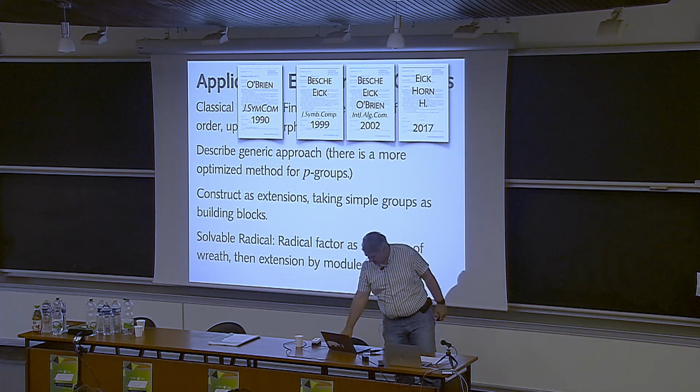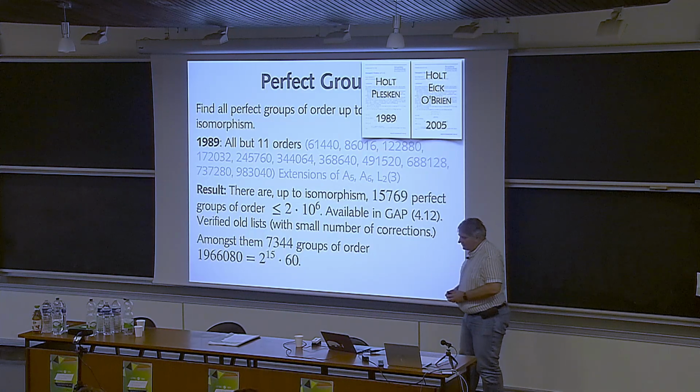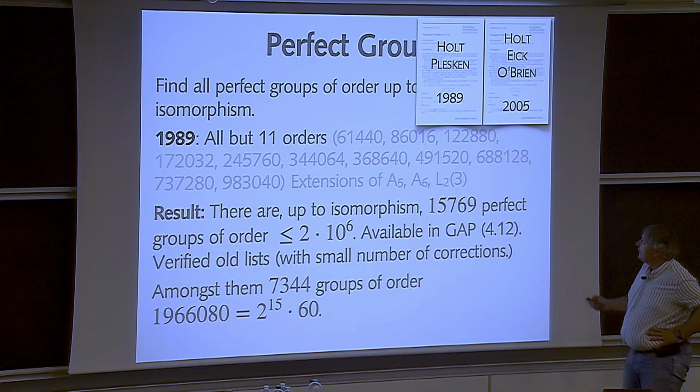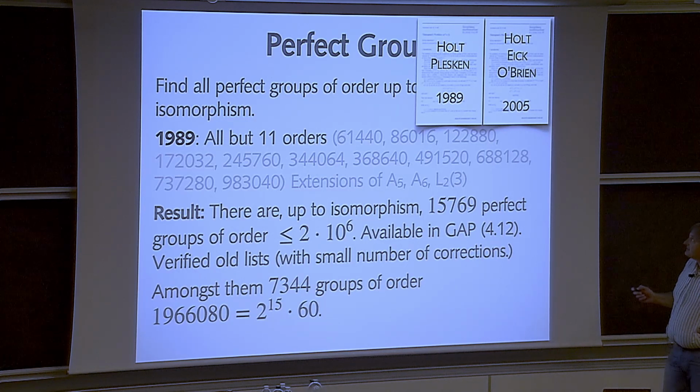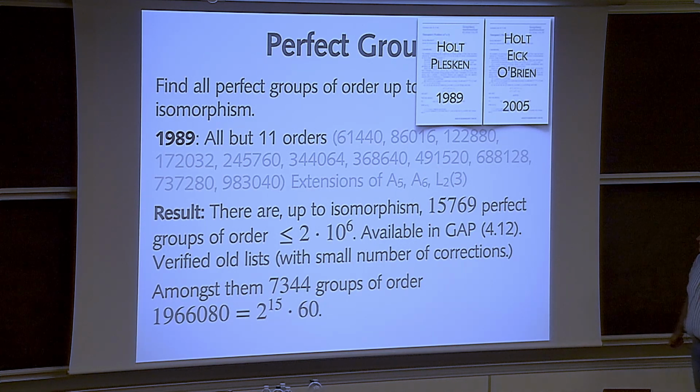So in particular, I want to look at perfect groups. They have been classified before by Holt and Plesken up to order 1,000,000, but they left out some orders, which I listed here.